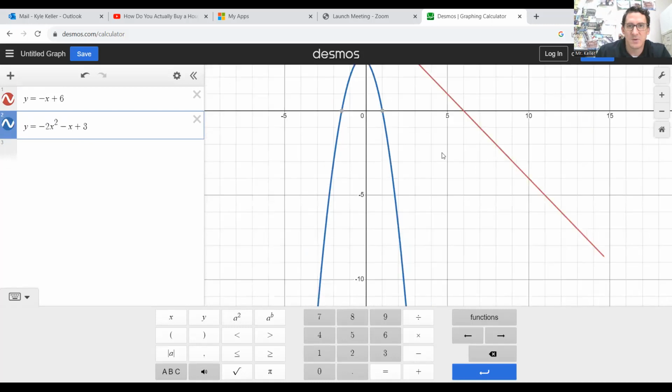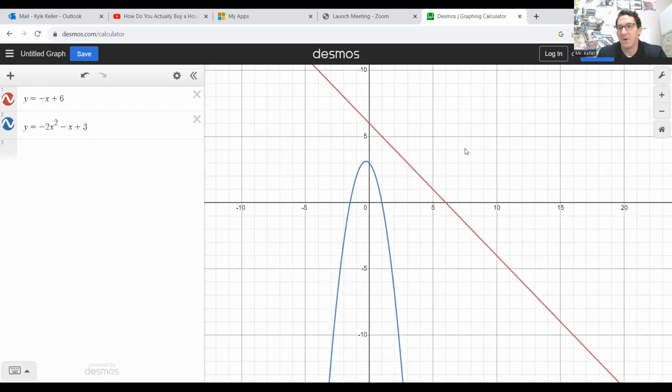So let's see, zoom out, and they have no solution. So all you're doing is looking for where they intersect. That is it.